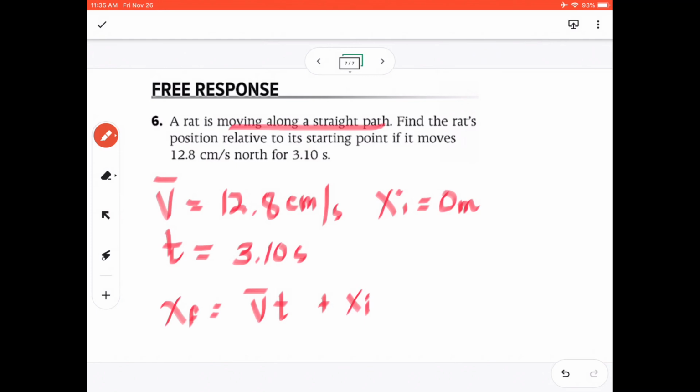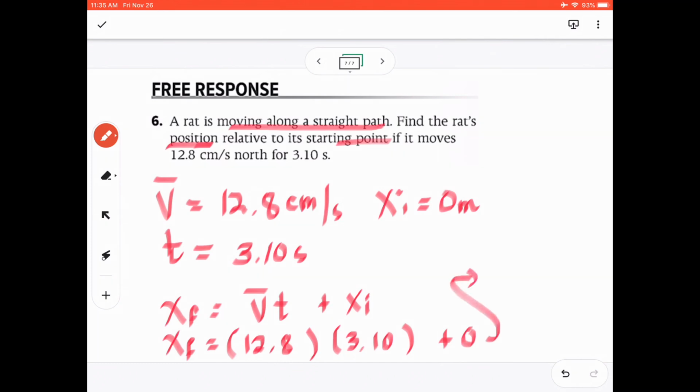We are looking for the rat's final position relative to its starting point. So xf is equal to 12.8 centimeters per second multiplied by 3.10 seconds, plus the initial position, which is 0.